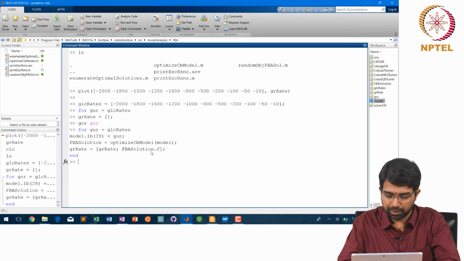And now we basically can plot GLC rates against growth rate.